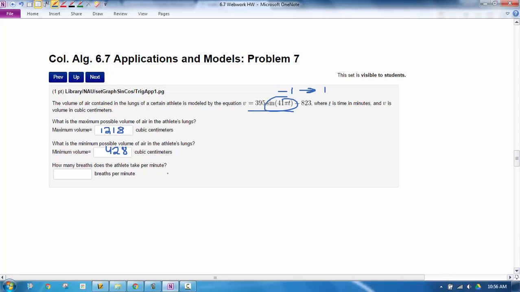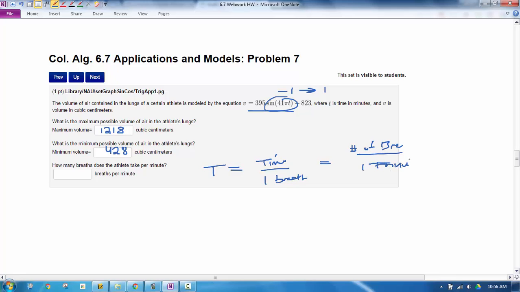So how many breaths does the athlete take per minute? If you think about it, the period is the time for one revolution, which in this case is one breath. But if we switch this, we get the number of breaths per time, for 1 minute.